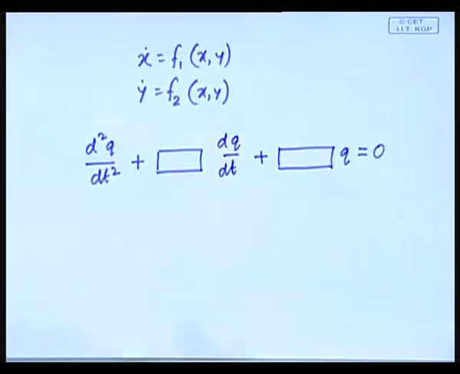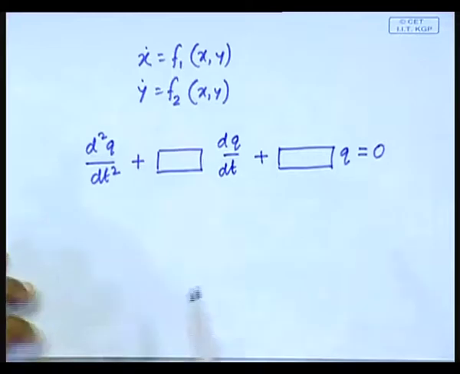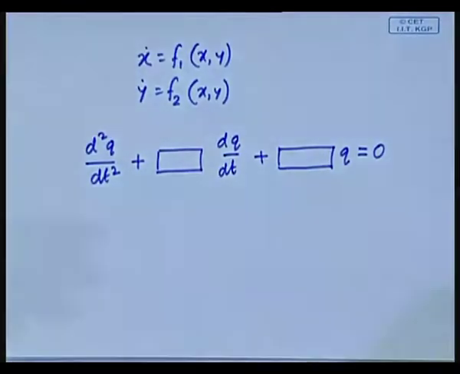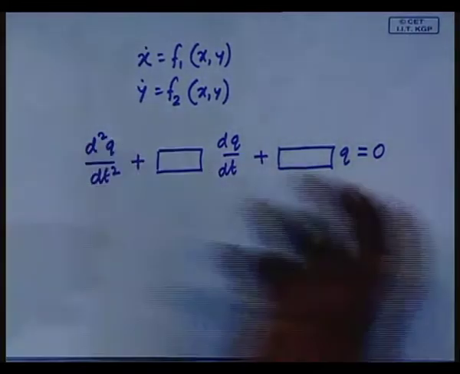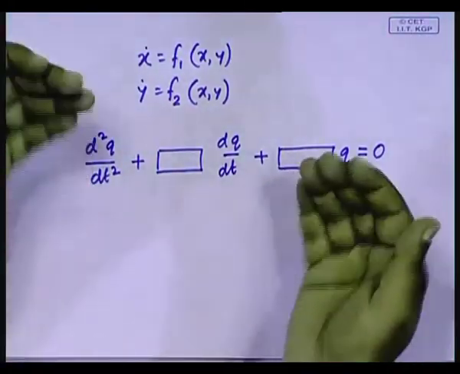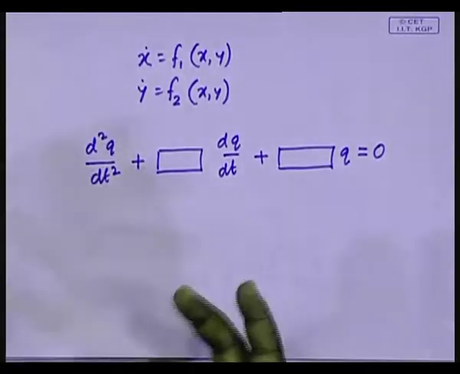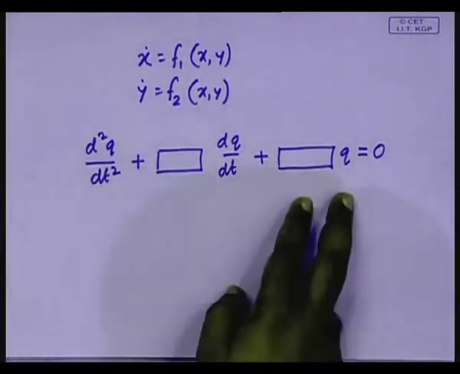We normally have equations given in this form. Why? Because suppose you have a simple pendulum, initially when you obtain the equation it would be in this form, and then we understood how to obtain it in the first order form.